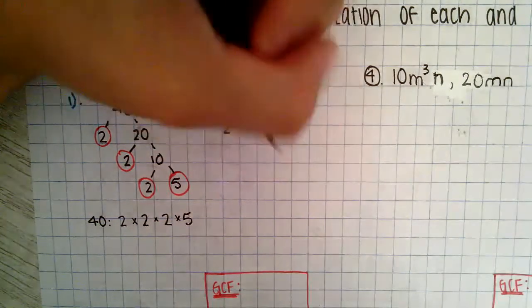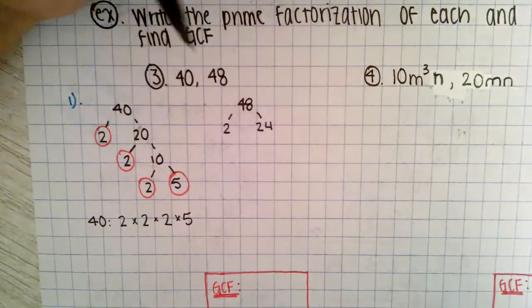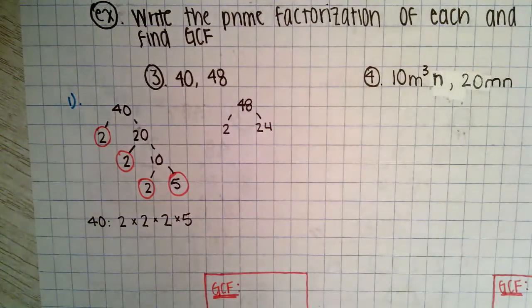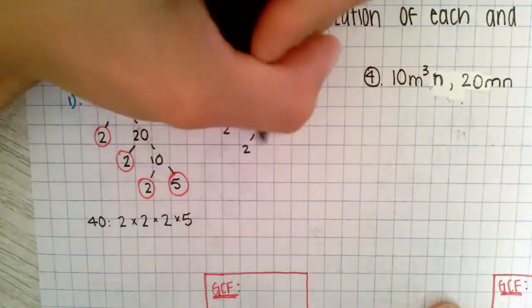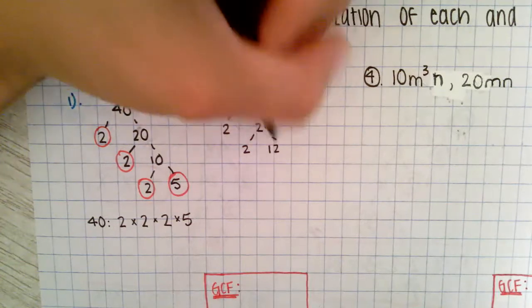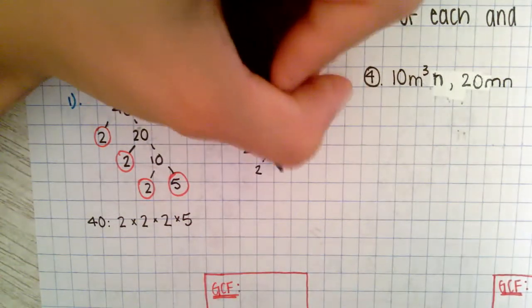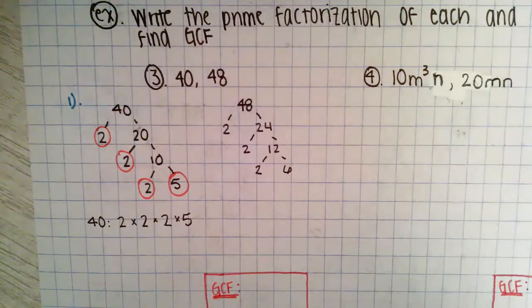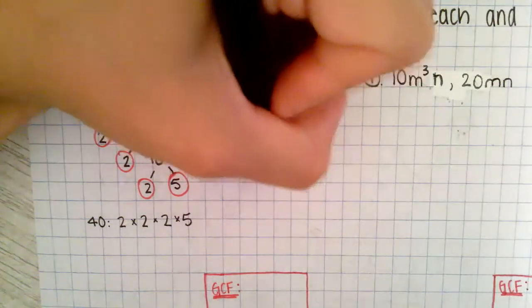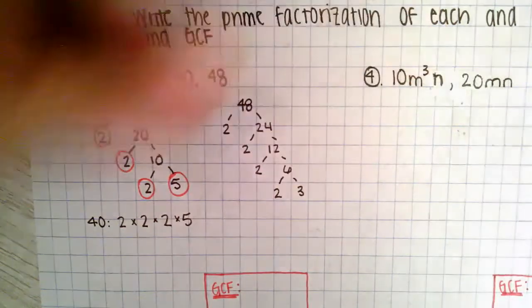So I'm going to take out a 2 because 2 times 24 is going to give me 48. Take out another 2 because 2 times 12 gives me 24. And I'm going to keep going. 2 times 6 gives me 12. And 2 times 3 gives me 6.